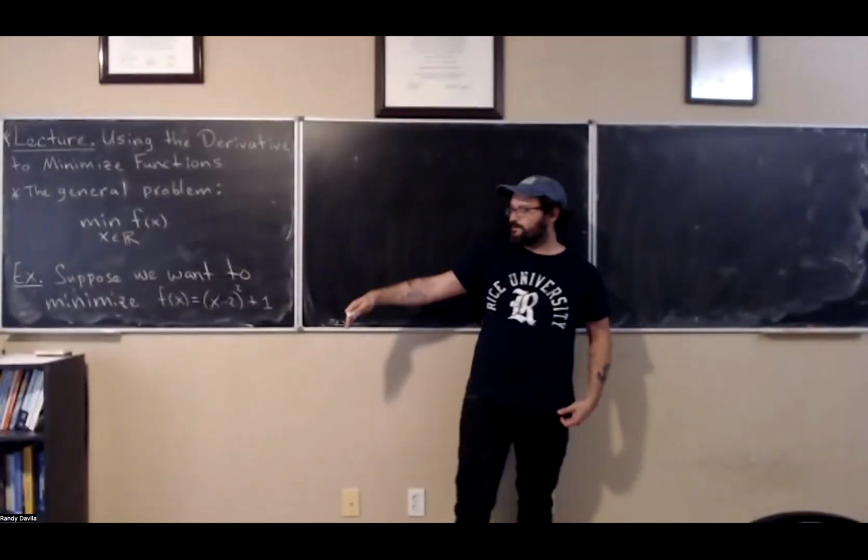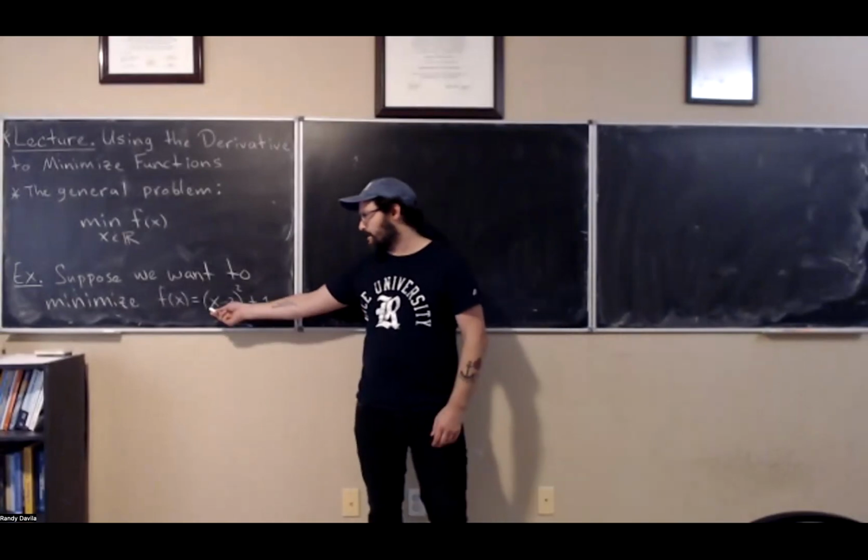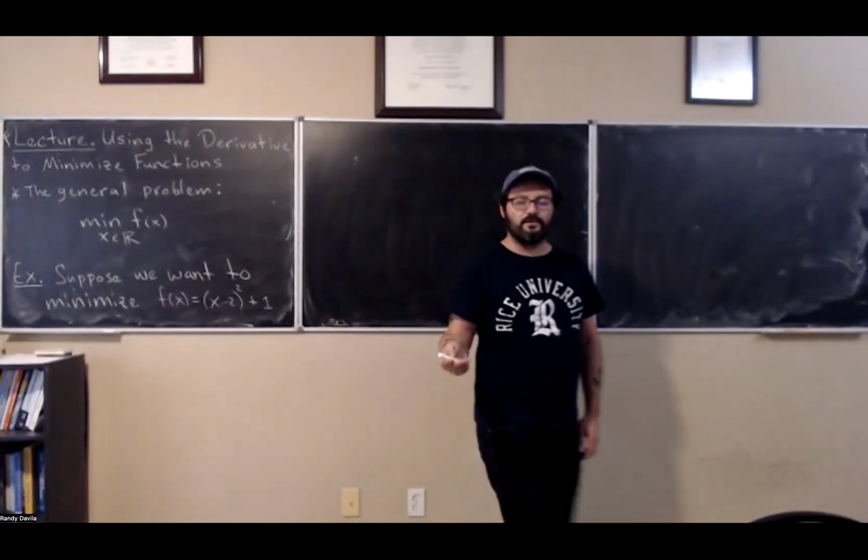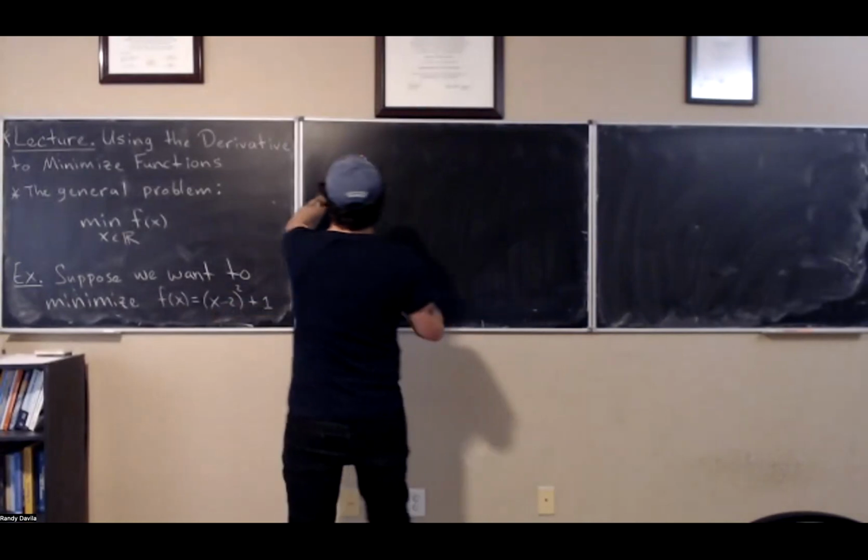Okay, so this is a very simple parabola function that's been shifted to the right by 2 and then raised up by 1. So what does it look like?